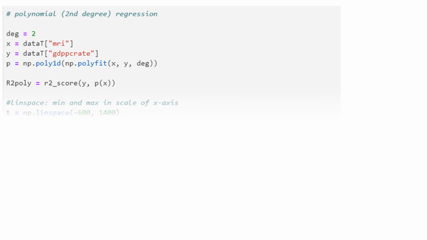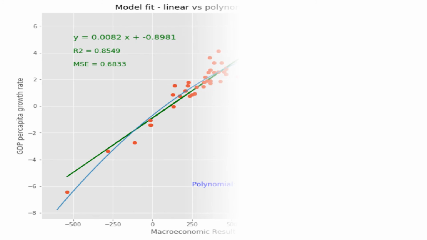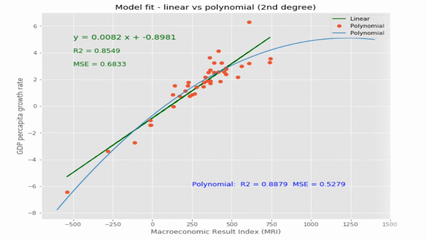So let us try with some polynomial functions like the second degree poly, and we just compare both results. Hey, looks like we found something. Second degree poly has a better R square than the linear regression and a lower MSE. So why don't we add another line? Let's do this, but we're going to get Tableau again, okay?